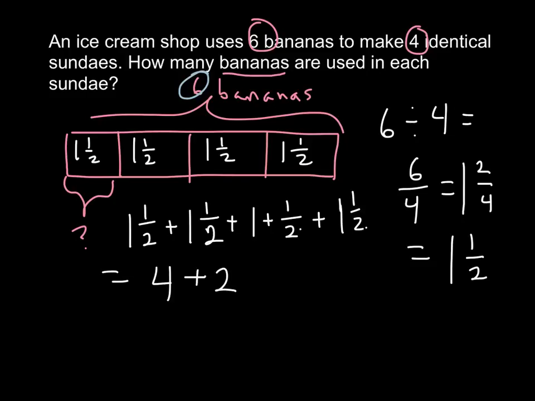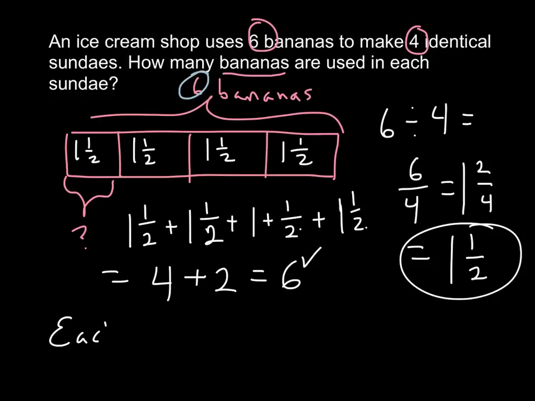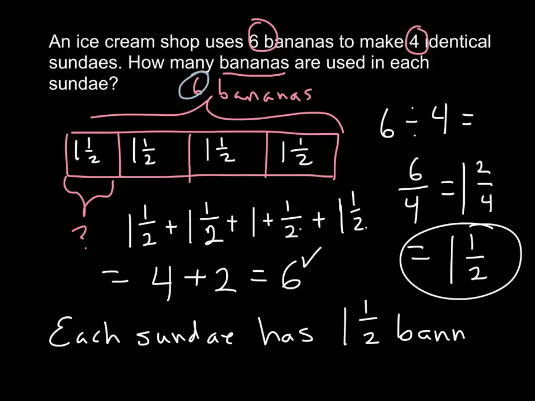So I have 2 in the fractional parts, and when I add 4 plus 2 together, I get 6. So that means it checks, my answer is over here, each sundae has 1 1/2 bananas.